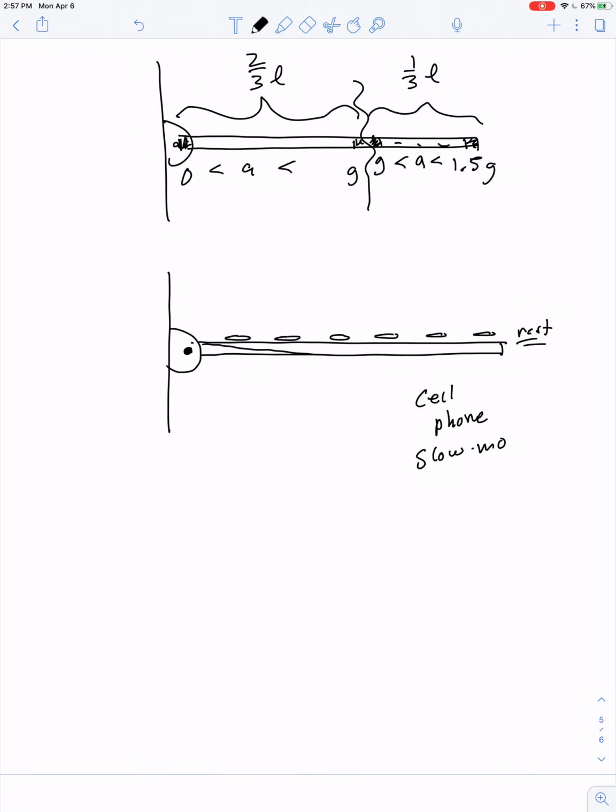You'll see, if you can advance frame by frame in your playback of the video, that the pennies remain stuck to the beam up to about this distance, which would be 2/3 the length. And the pennies beyond there aren't in contact.